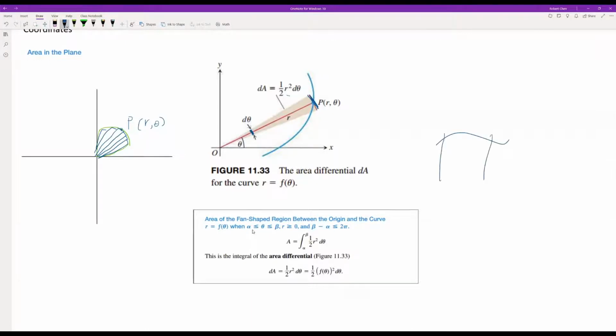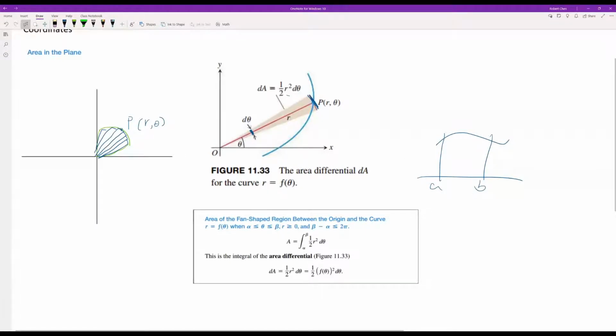In this case, we're looking at angles, so we're using alpha and beta. This is the integral of the area differential, which is what we're looking at up here. So we integrate all the little triangles, all the thetas from alpha to beta.